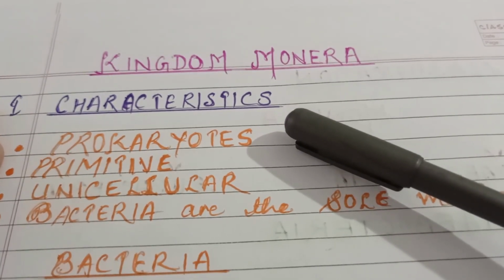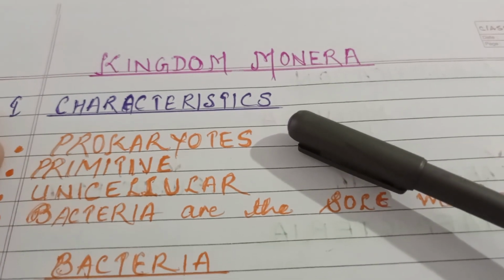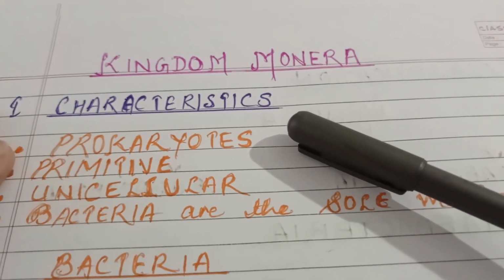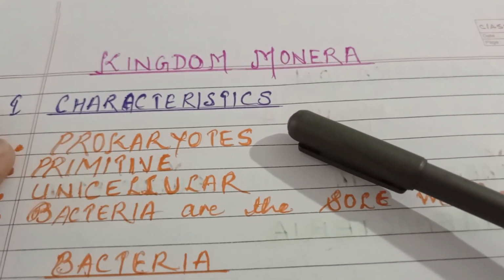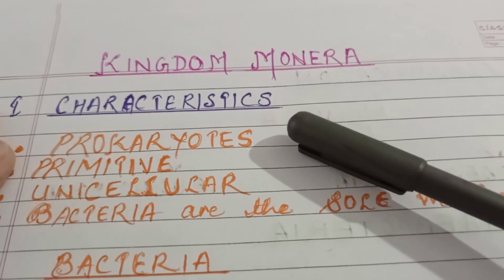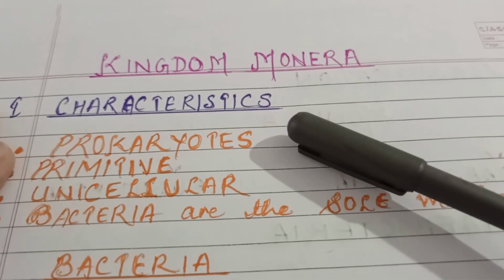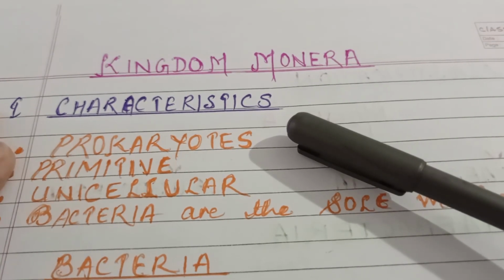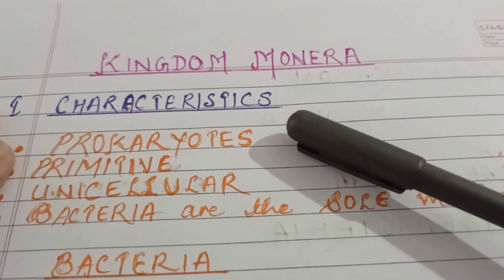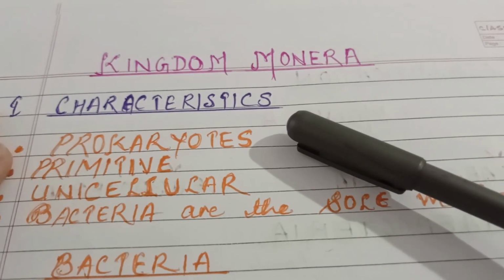Prokaryote means those organisms which do not have a true nucleus. A true nucleus, that is a proper nuclear membrane, is not found in these cells. So the members of Kingdom Monera all are prokaryotes. What does it mean? They do not have any true nucleus.